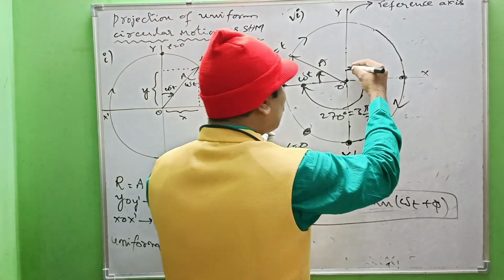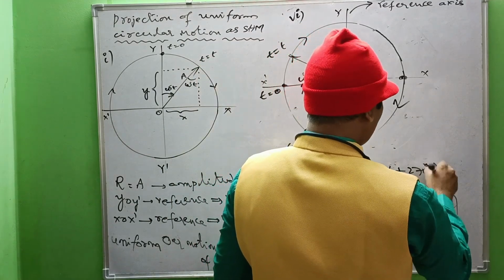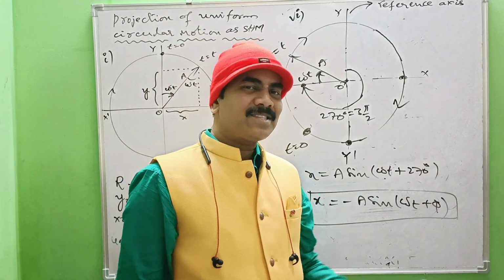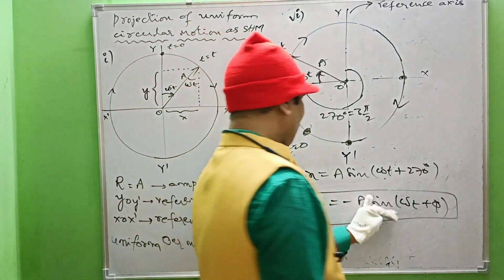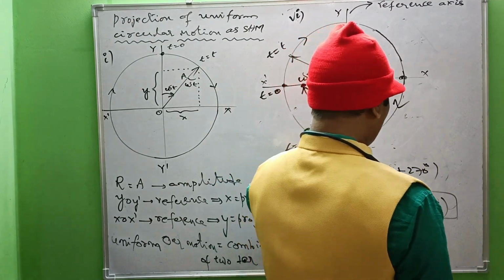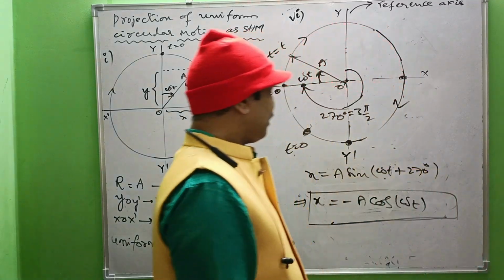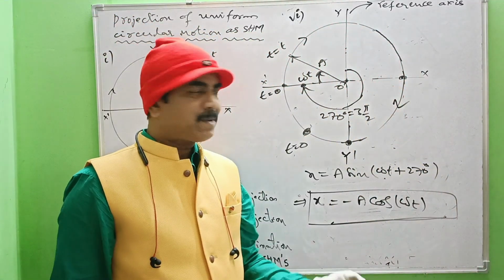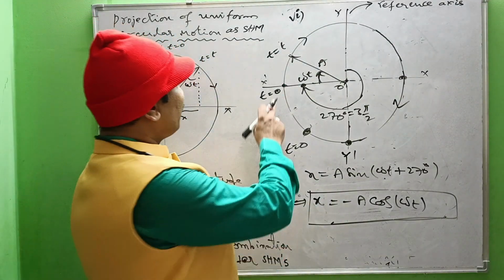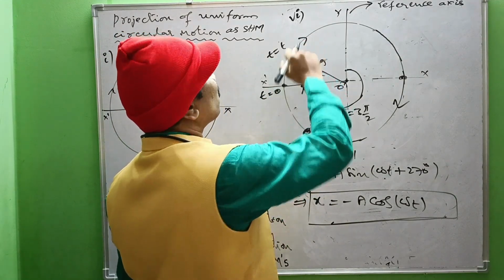So 270 plus omega t, that is sin of omega t plus 270, equal to minus cos omega t. Minus a cos omega t is the required valid simple harmonic expression for that situation. That is the sixth situation: initially at the negative x-axis, later on in the second quadrant.